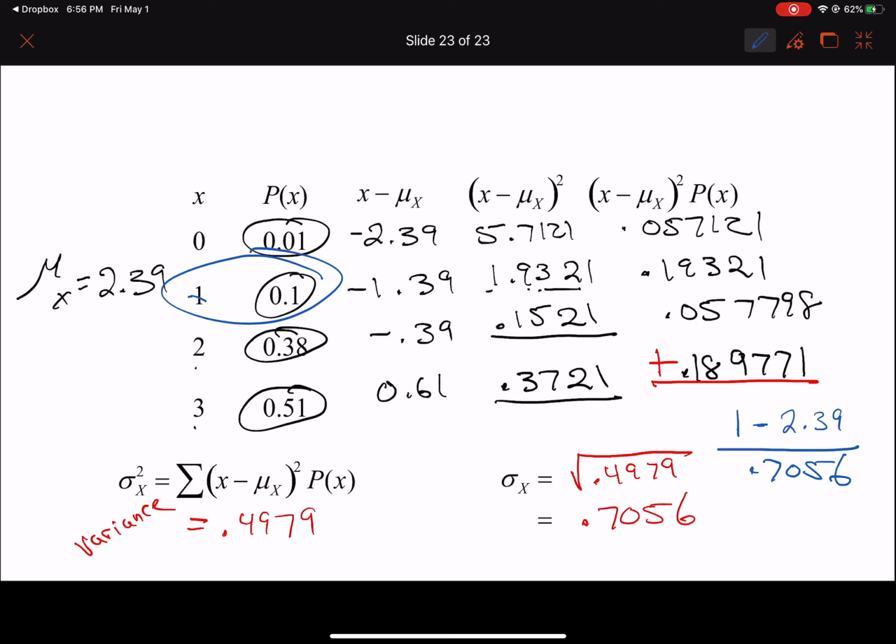My z-score is negative 1.97. Now this is not quite an outlier. It is not, because my z-score is not below negative 2. It's really close, but it's not below negative 2. It's not considered an outlier.